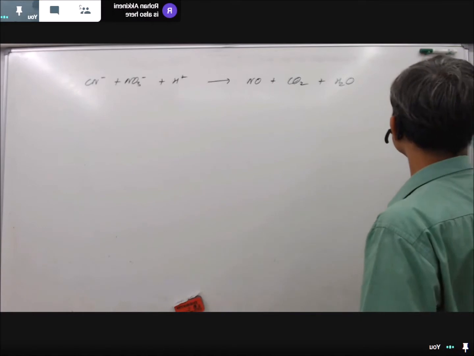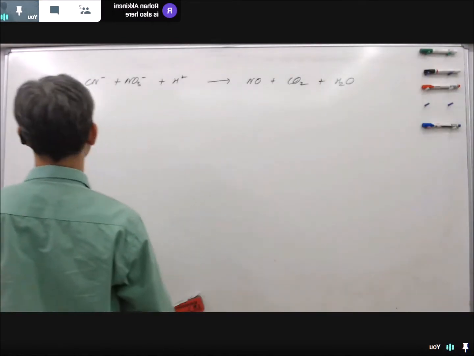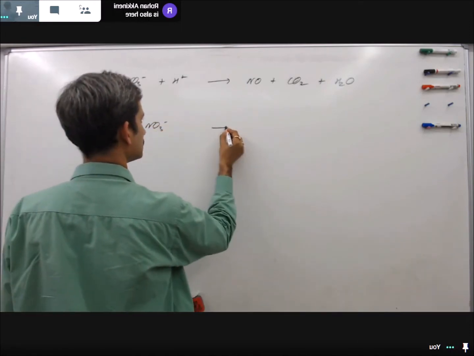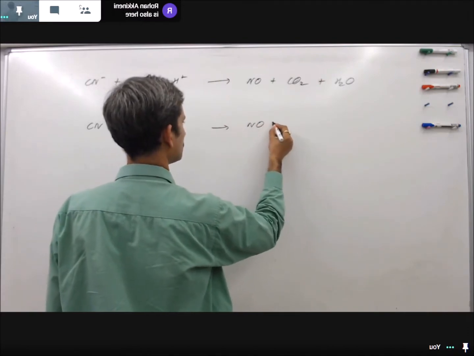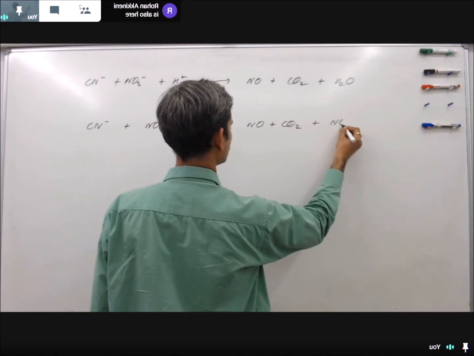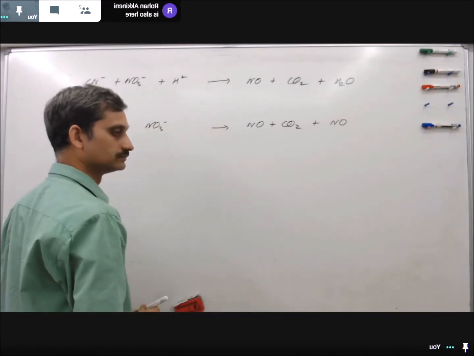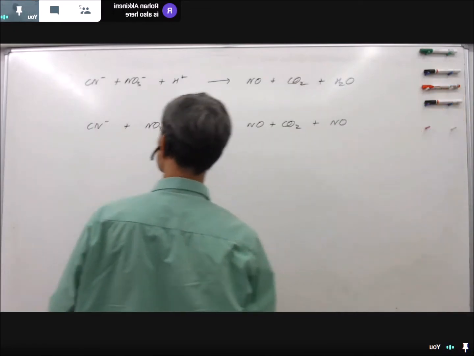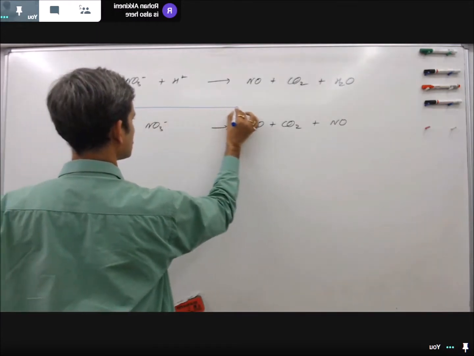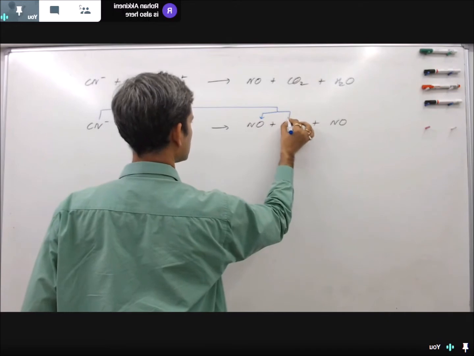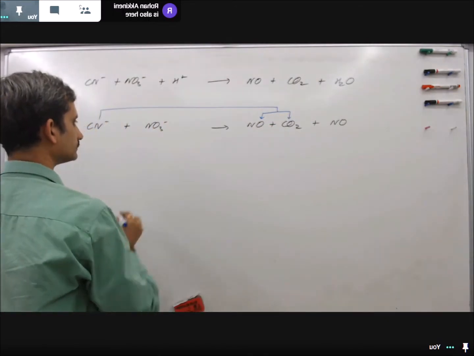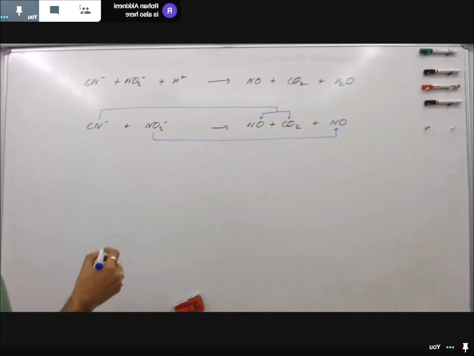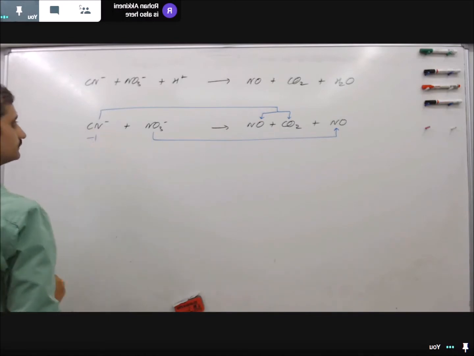See, we write the equation once again. We write it like CN minus plus NO3 minus gives us NO plus CO2 plus NO. Now what we do is we take this CN minus giving us NO and CO2, and NO3 minus giving us NO. Now CN minus, the total is minus 1.